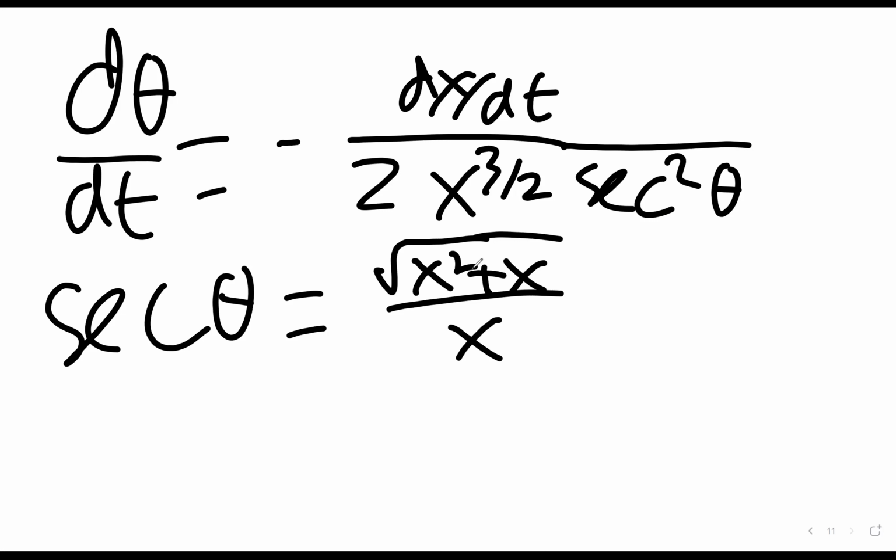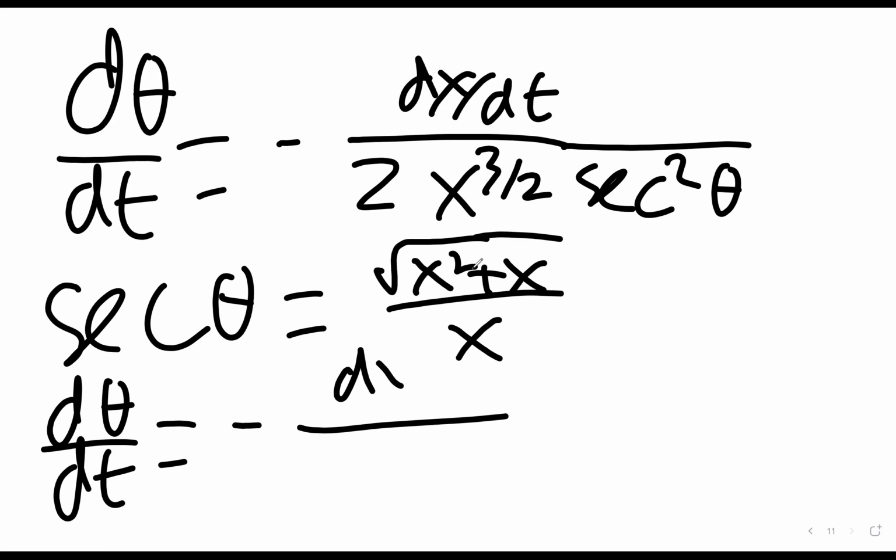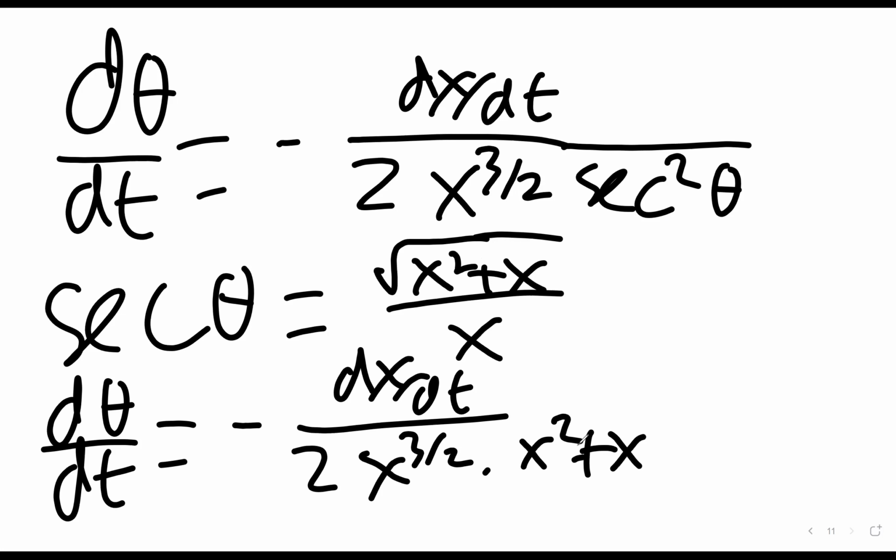And of course we calculate sec² θ. So in the end, dθ/dt equals minus dx/dt over 2 x to the power 3 over 2, where sec² θ is (x squared plus x) over x squared.